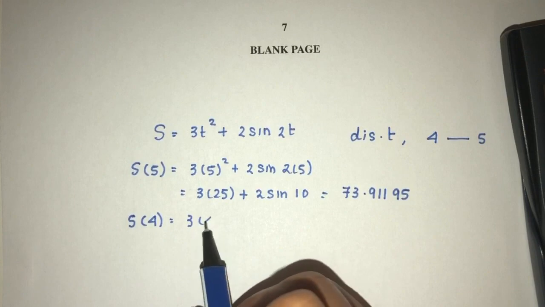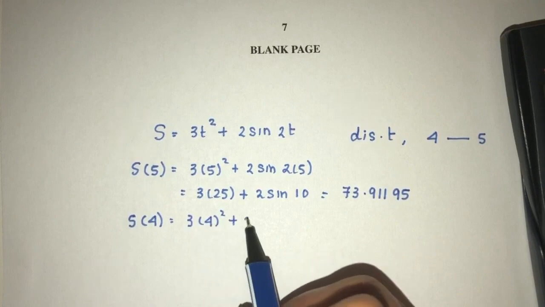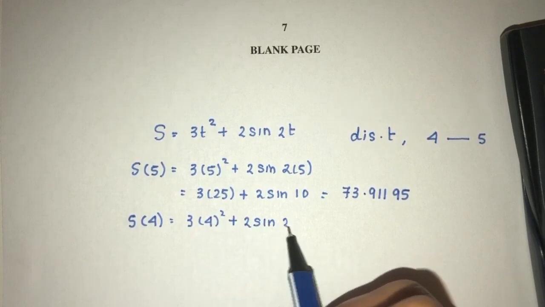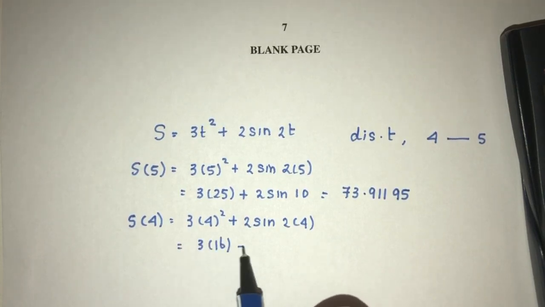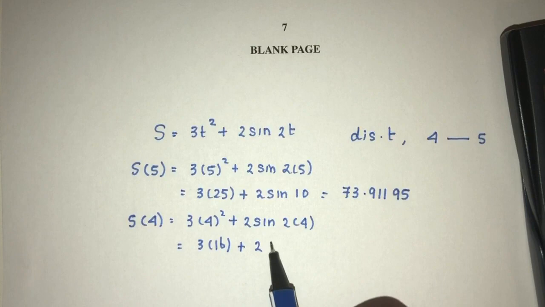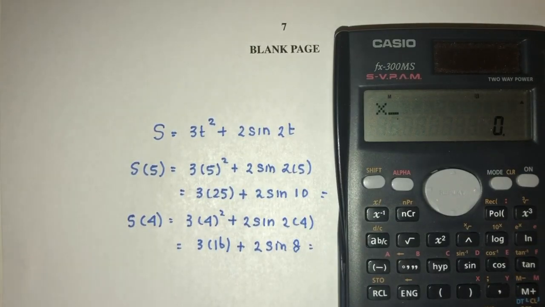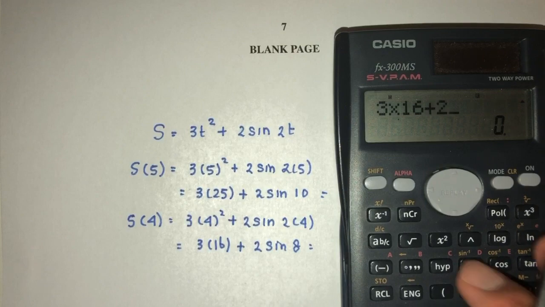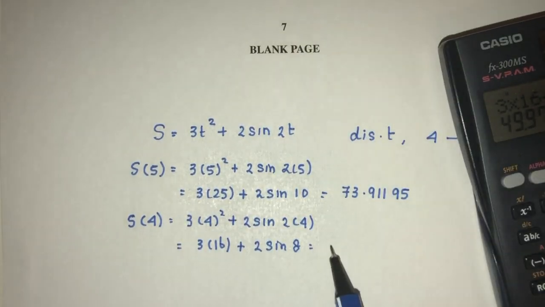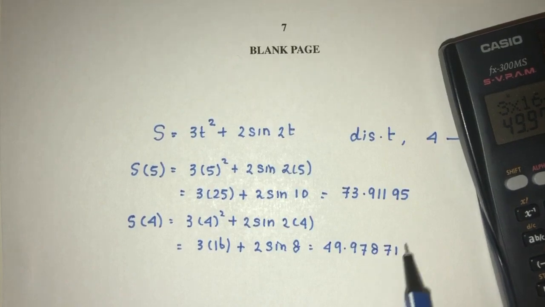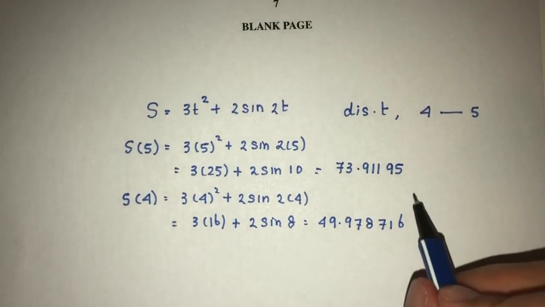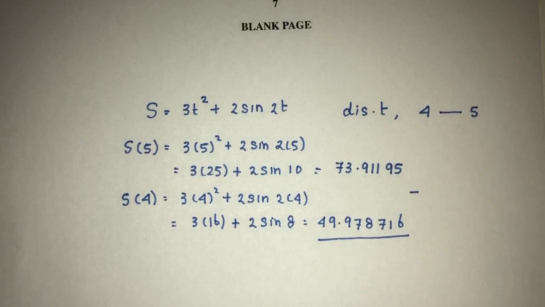Now let's find the displacement at time equal to 4. That'll be 3 times 4 squared, plus 2 sine 2 times 4. That will be 3 times 16, plus 2 sine of 8, that will be 49.978716. So we just need to subtract those two to find the distance traveled.